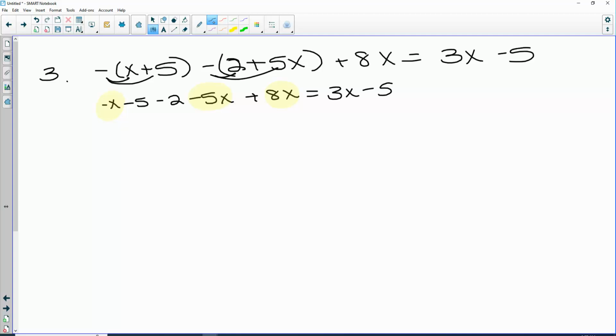So I'm just combining like terms: negative 1 plus negative 5 plus 8. What does that give me? Negative 5 minus 2 is on the same side. We're not changing signs. Negative 5 minus 2 is negative 7.